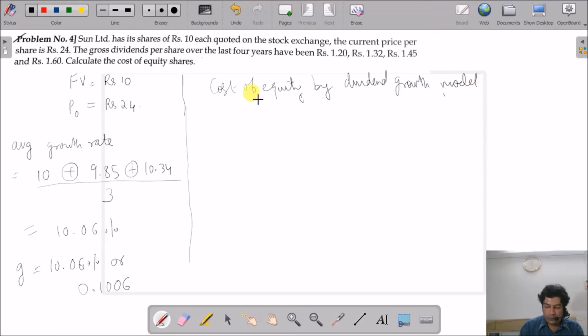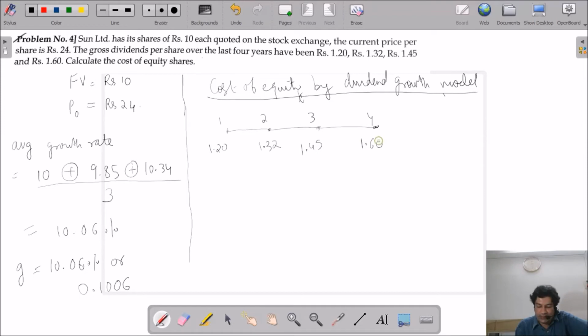Now friends, one more thing I need to explain to you is this one. They had given us the 4 years dividends, 1, 2, 3 and 4, and this was 1.20, this is 1.32, this is 1.45, this is 1.60.